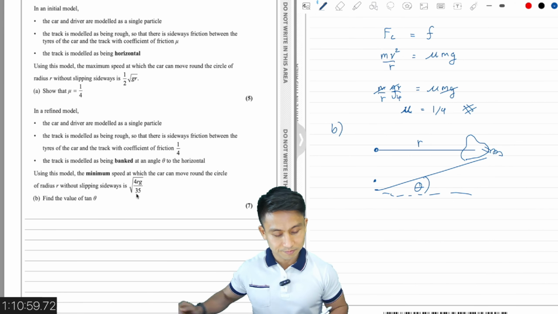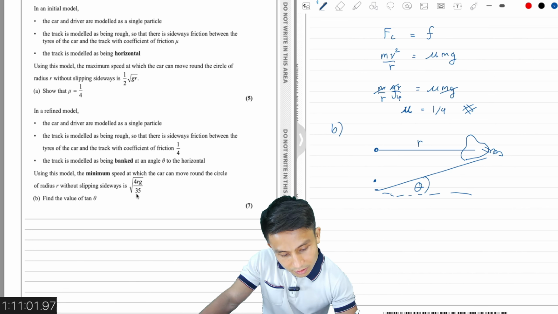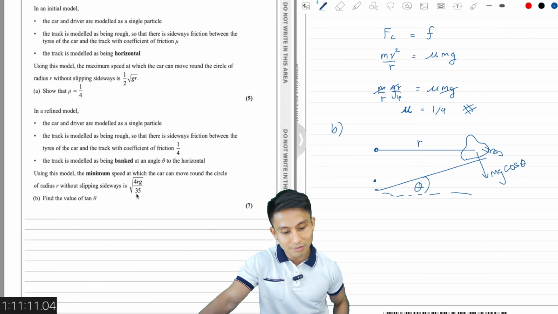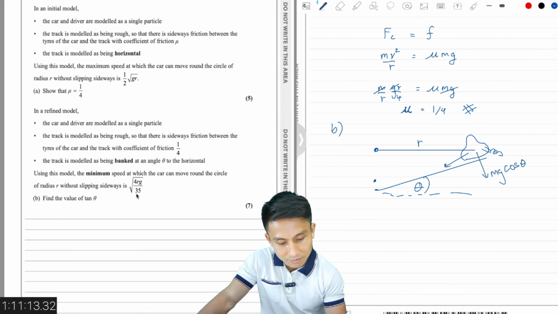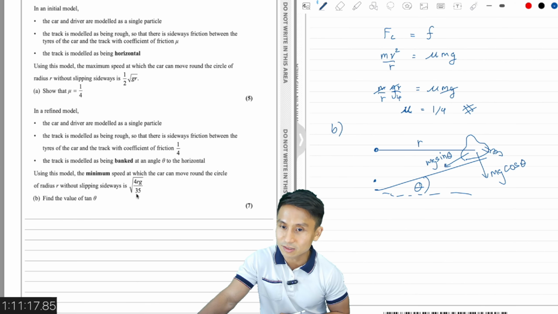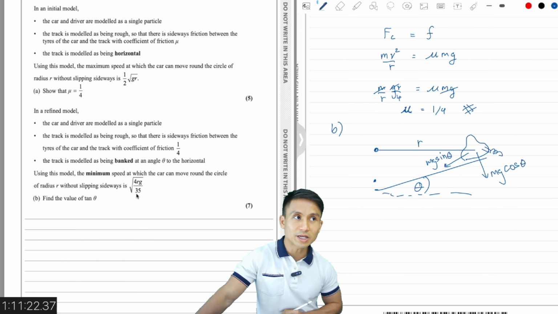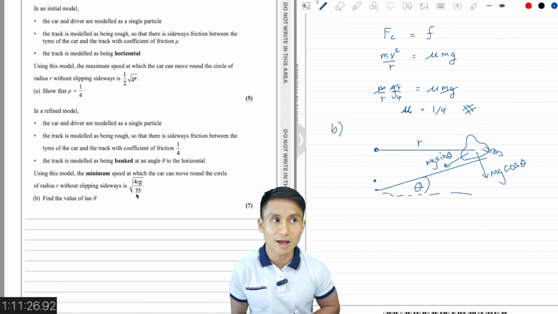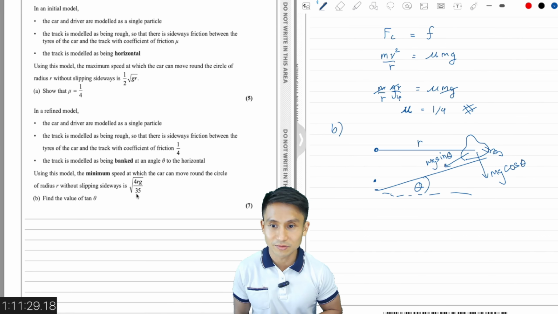So this is again mg cos theta. If you do inclined plane mechanics here, that's mg cos theta, and this is mg sin theta, usually like that, because the mass and the g is the weight. Now we have friction, so friction should be the one that keeps the car up. So friction is going up, otherwise the car will slide down. Wait, hang on.